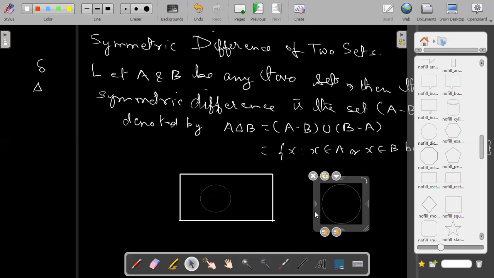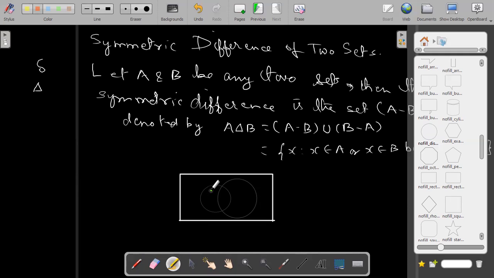Take the same size. Shade this part and this part.